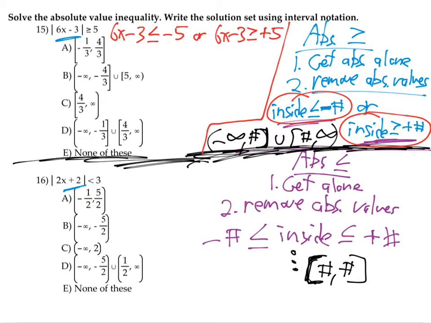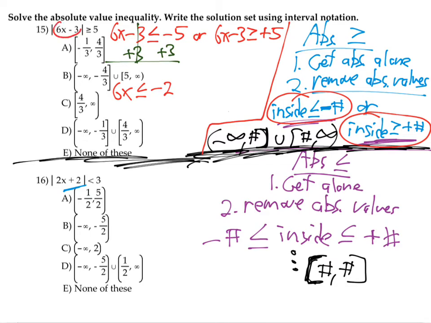And now we just solve both those equations. Add 3. So we get 6x less than or equal to -2. So which one do we start off with? The one that's exactly the question, and then we go or with the sign turned the other way.